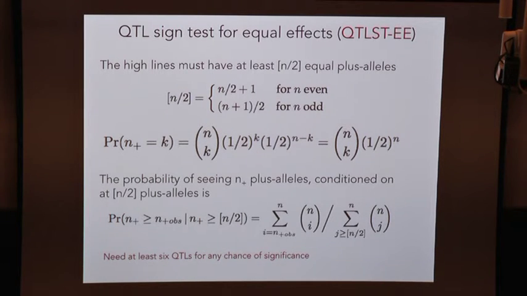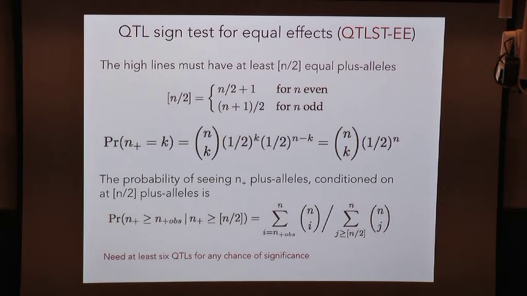I've got a large line. I've got a small line. Who's got more plus alleles if the effects are equal? Obviously the large line. But what I want to ask is, given that I expect to have more plus alleles because I'm in a large line, do I still see an excess?